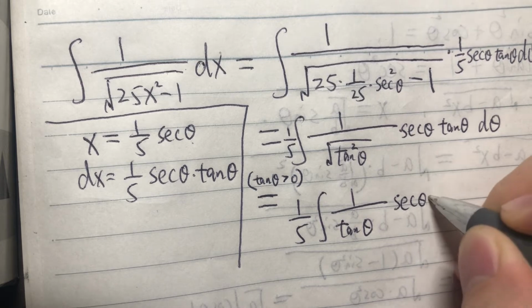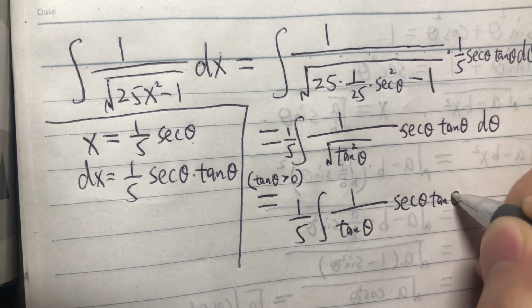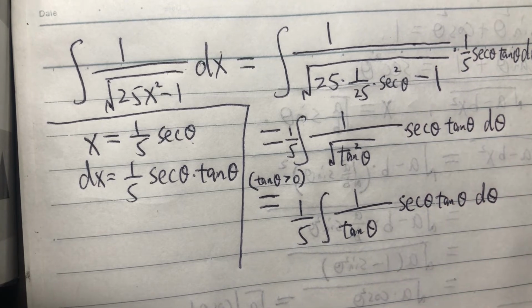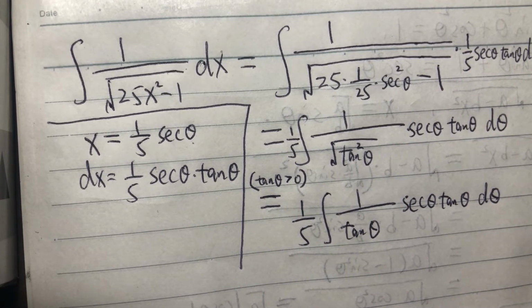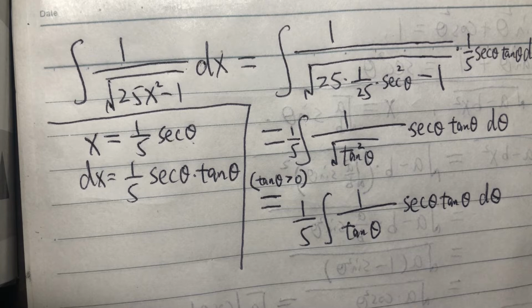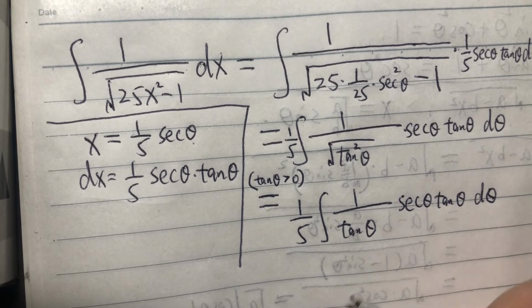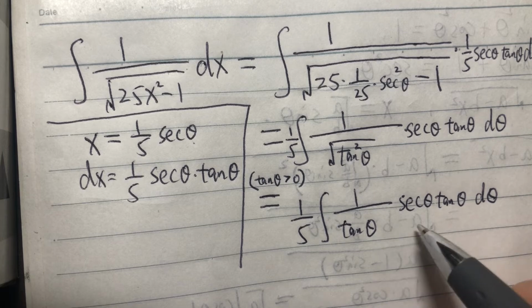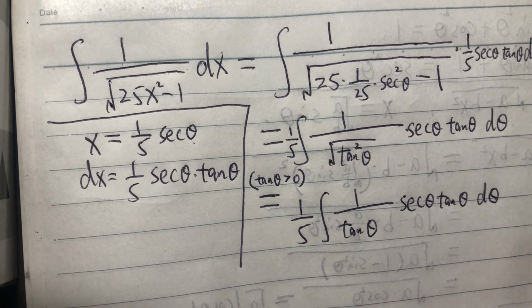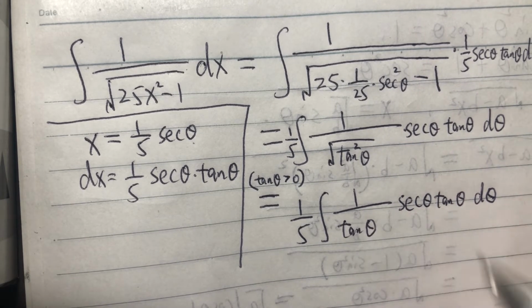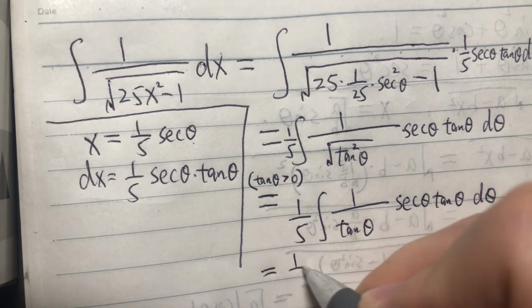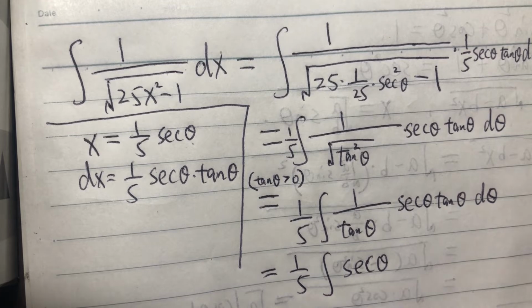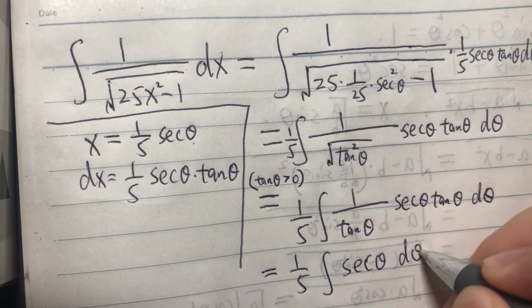Secant theta, tangent theta, d theta. So this tangent theta cancelled, and this is 1/5 secant theta d theta.